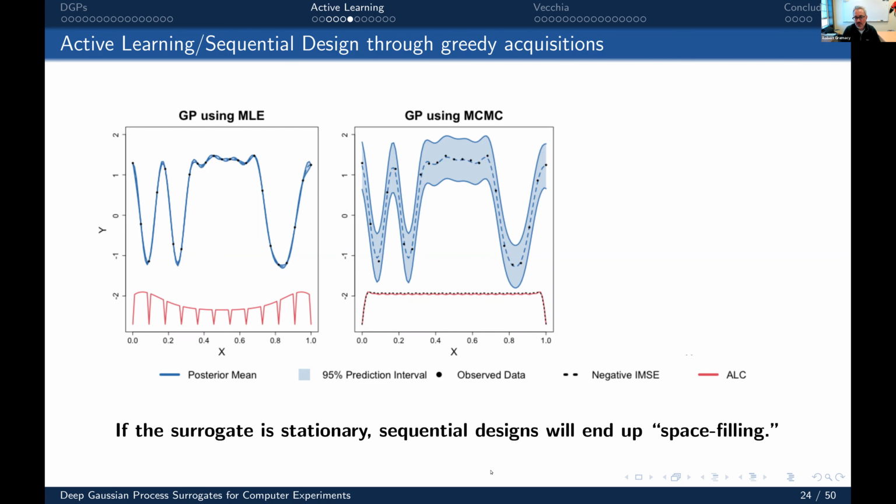So if you apply this design criterion or this active learning acquisition function, you'll end up with training data that's space filling, which is not what I want intuitively for these data. I want more training data here, and this is not going to give me that.